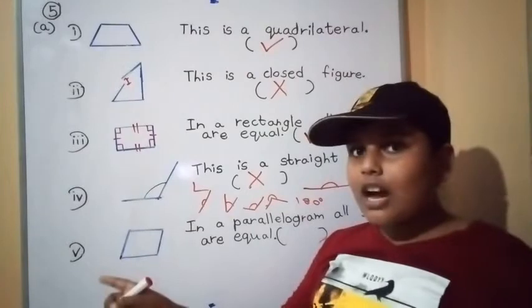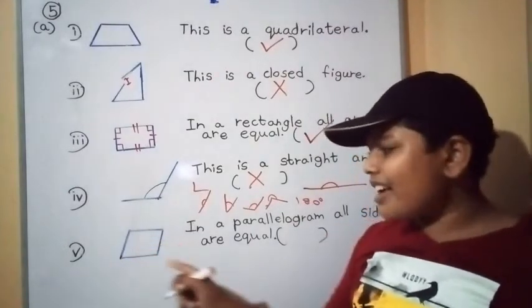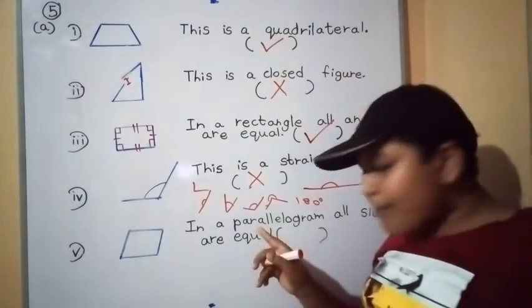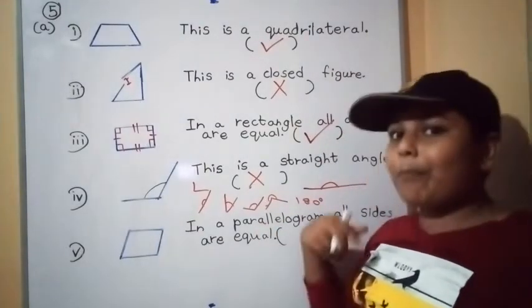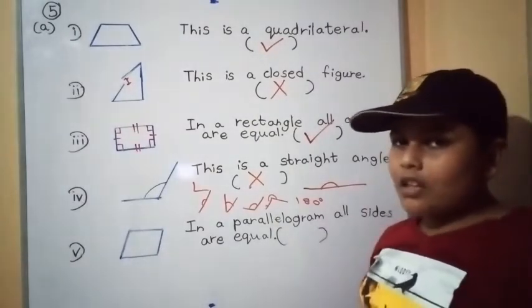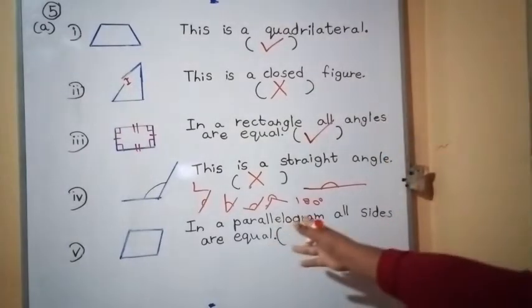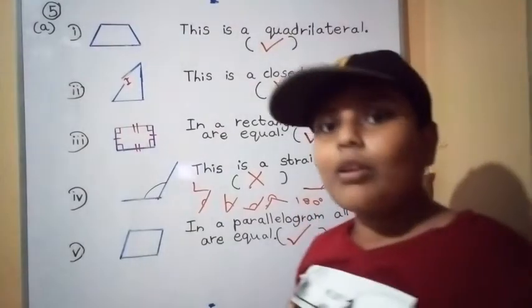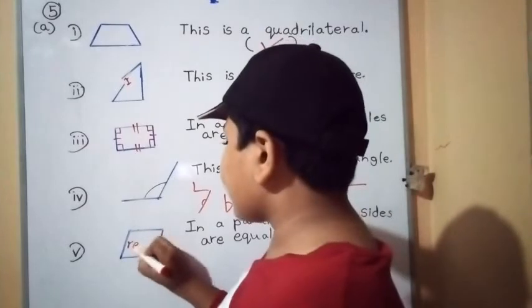In the fifth one, the last one, they have a plane figure. In a parallelogram, all sides are equal. Correct. Why? That is also a rectilinear plane figure.